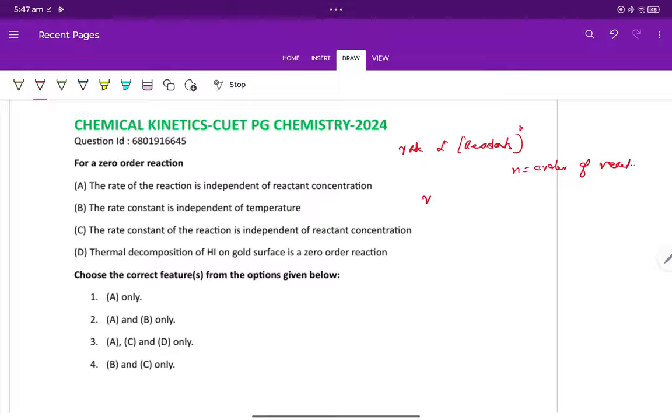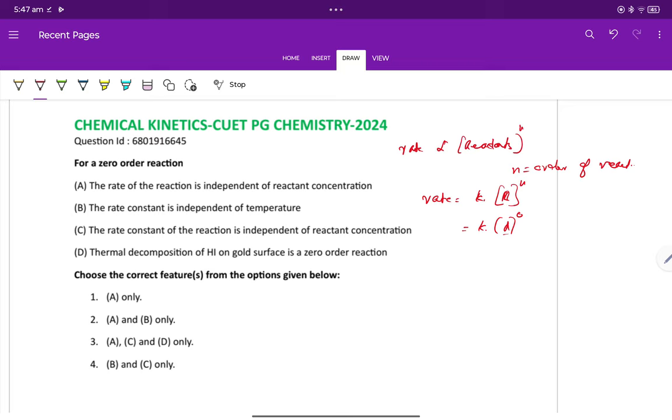So rate will be equal to K into concentration of reactant, I am putting only R, to the power of n. Now, for a zero order reaction, this will be equal to K into concentration of A to the power of 0. So, something to the power of 0 will be equal to 1. So, rate will be equal to K.